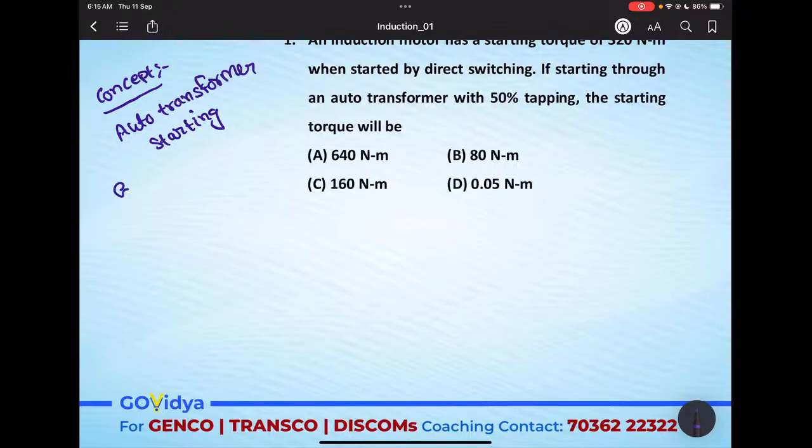The given data is the starting torque when using the DOL method, direct online starter, which is given as 320 Newton meter.